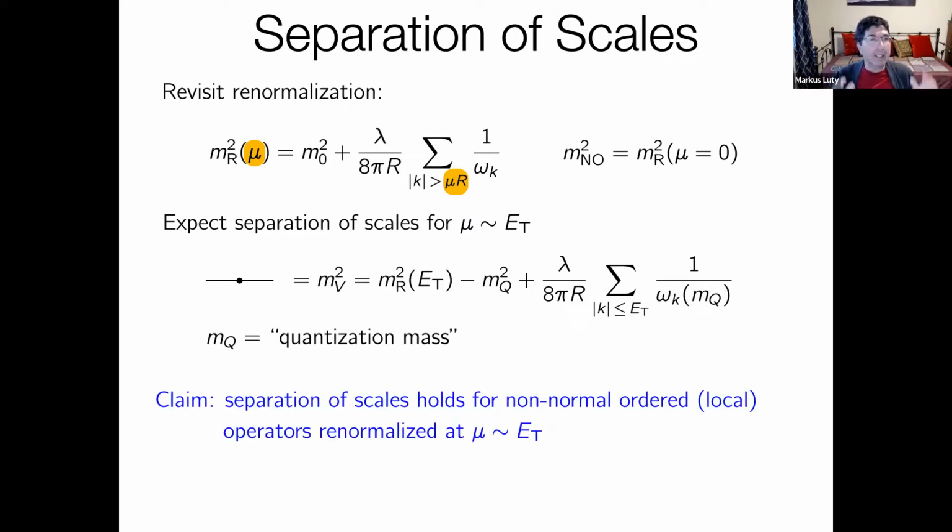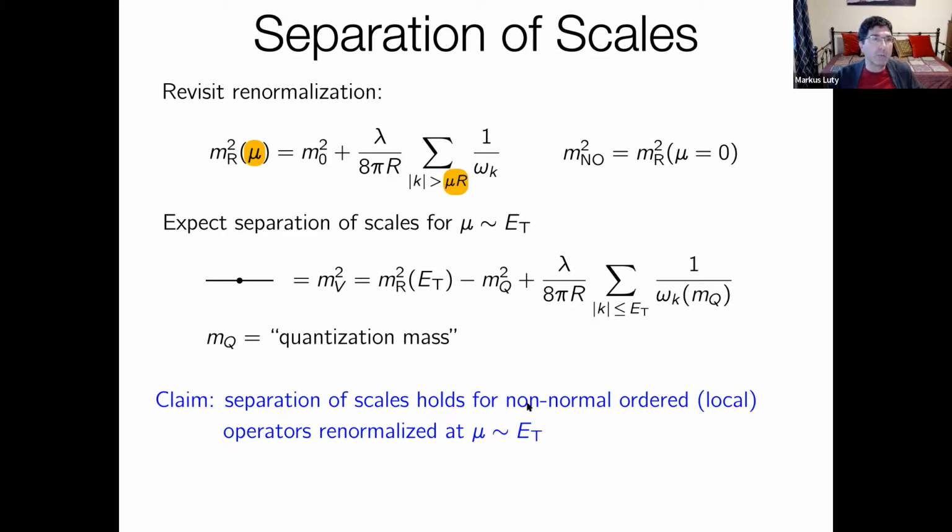But anyway, the important point is that the claim is that the separation of scales, namely the idea that these coefficients in the effective Lagrangian are sensitive only to the physics at the cutoff, only holds for operators renormalized at mu equals the cutoff, and also it only holds for non-normal ordered operators.